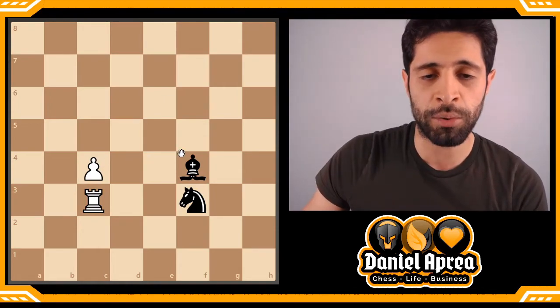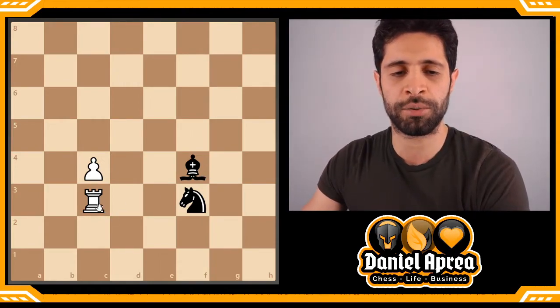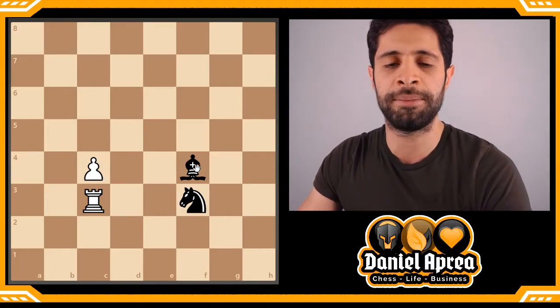So normally, as a very rough indication, because there are other factors as well, 1 rook and 1 pawn equals in value 1 knight and 1 bishop. Because we say the rook is worth 5, the pawn is worth 1, and knight and bishops are worth 3.